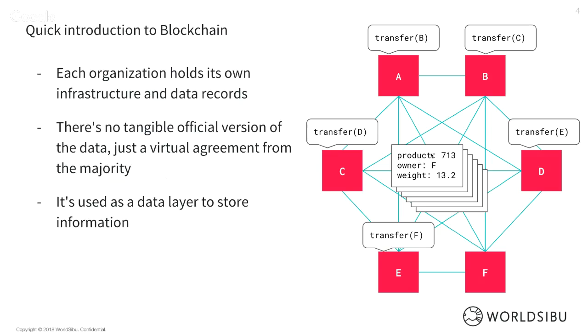This chunk of data that I put in the center of this graph doesn't live in a physical place. I mean, there is no official version for this set of data.